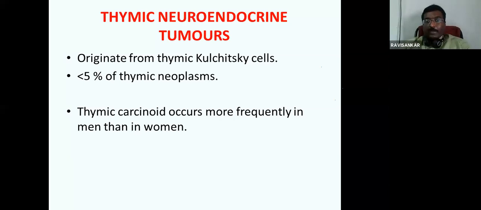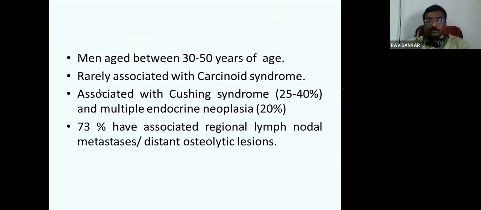They occur more frequently in men than in women. Commonly associated with Cushing syndrome. Of these, 73% can have regional lymph node metastasis or distant lesions.